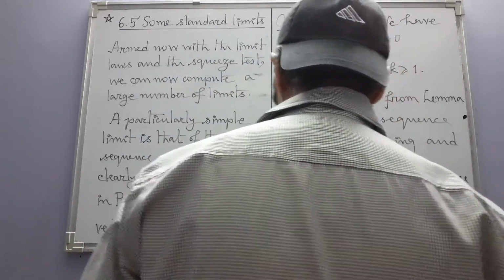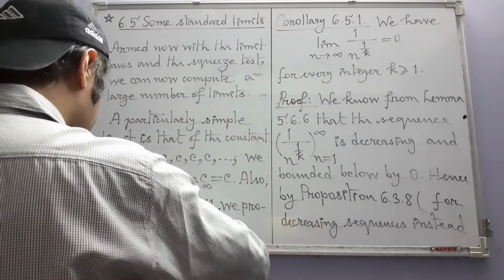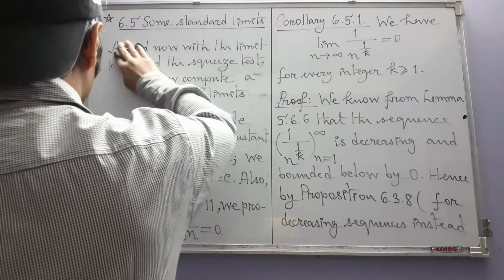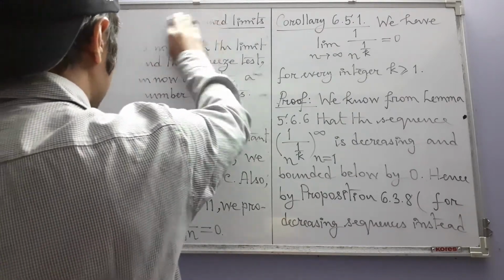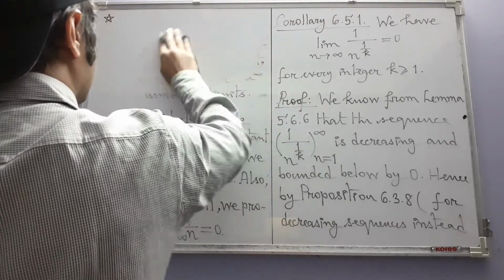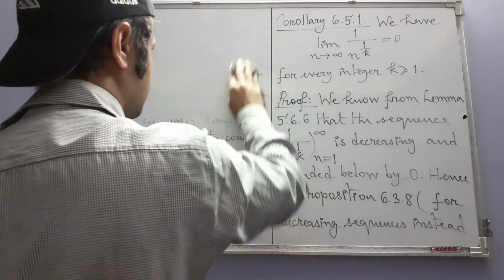If you go to the statement of this proposition, you will see that it was stated only for increasing sequences, and it was just mentioned that a decreasing sequence version is also true. So we are going to use the decreasing sequence version part.